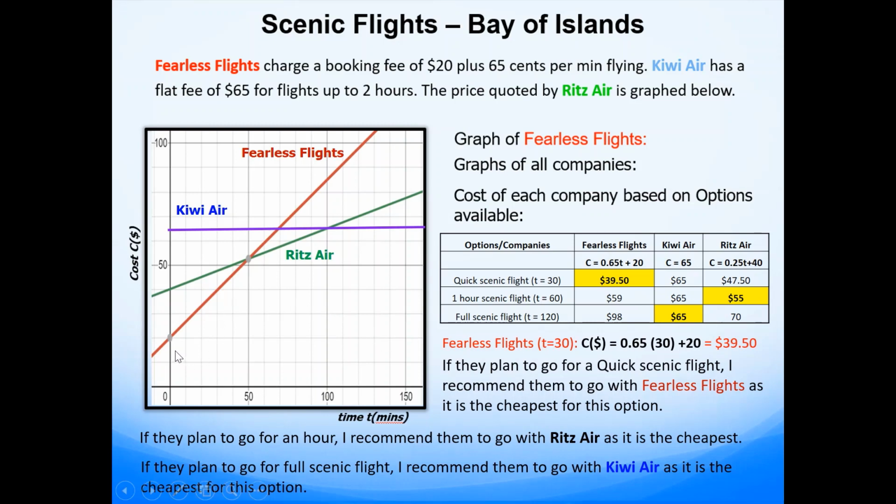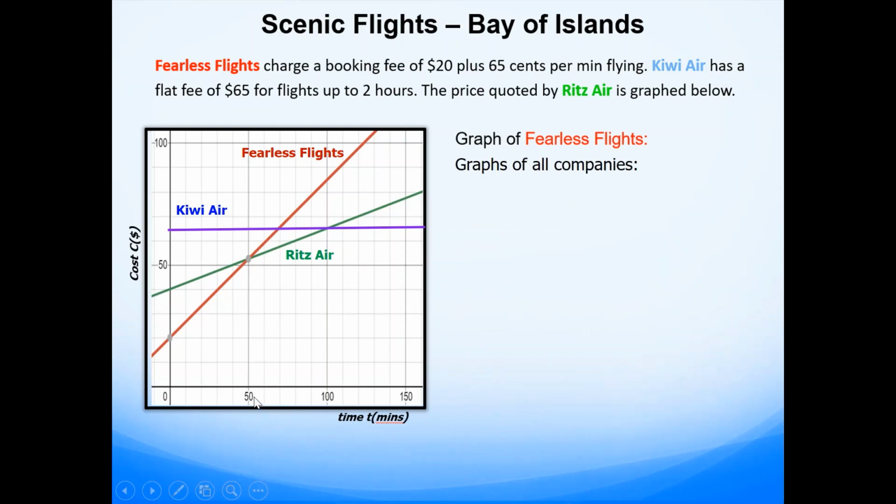What you can also do is refer to the 3 different lines here that you have drawn. So we can see that at 50 minutes there is an intersection between these 2 lines here, Fearless and Ritz Air. Likewise, at 100 minutes, the Kiwi Air line intersects with the Ritz Air line.